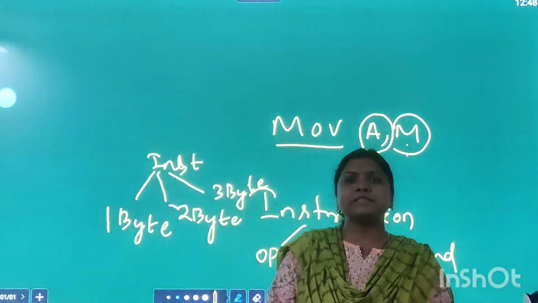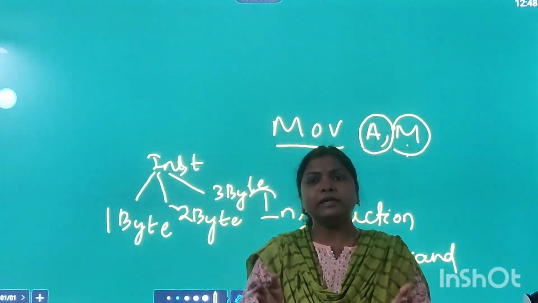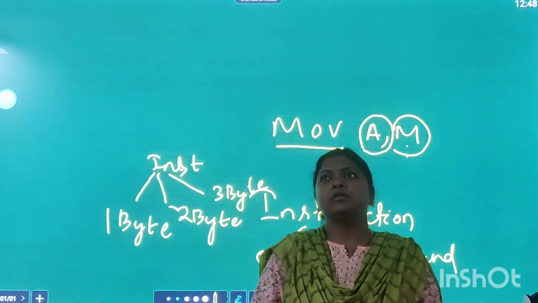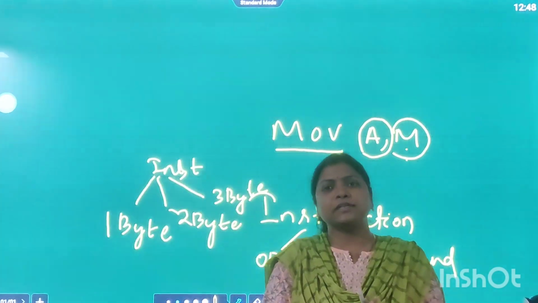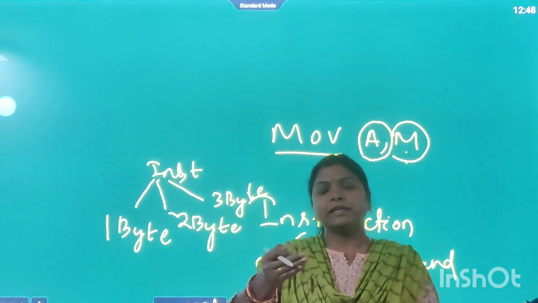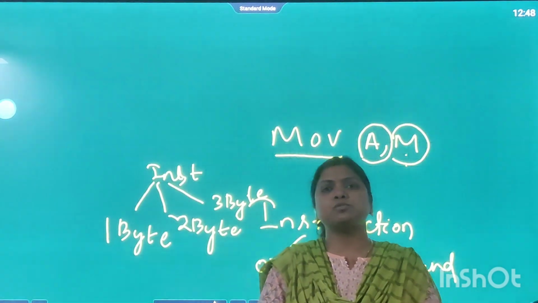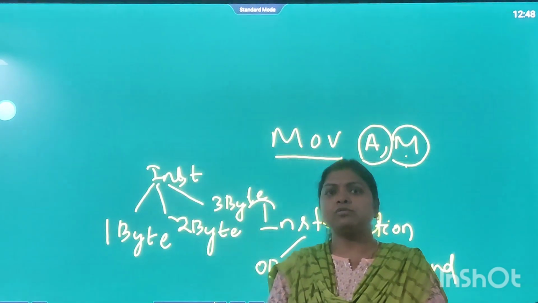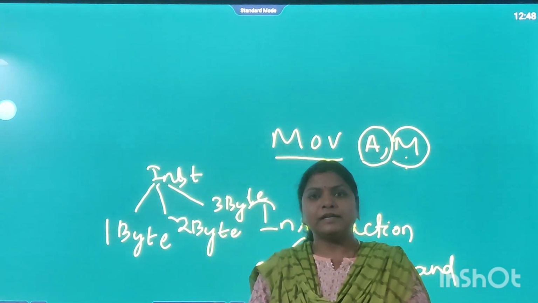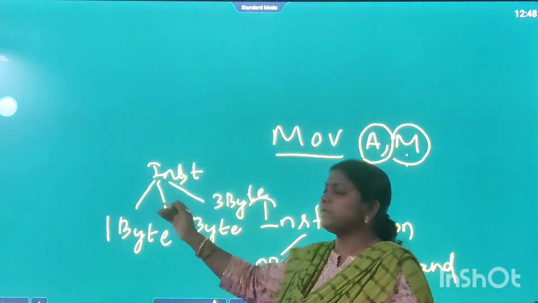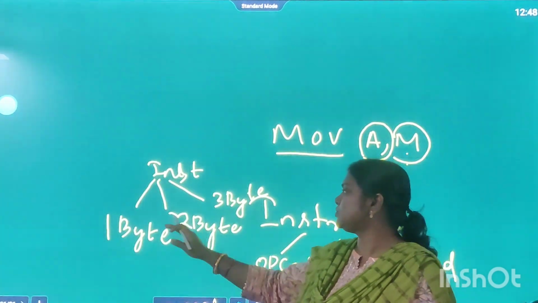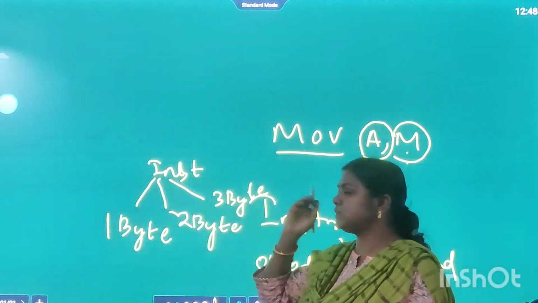As this is a digital computer, it can understand only digits or codes. The program written in alphanumeric or assembly language needs to be converted into machine code to make the machine understand it. On that basis, the word length of an instruction is 1 byte, 2 byte or 3 byte.